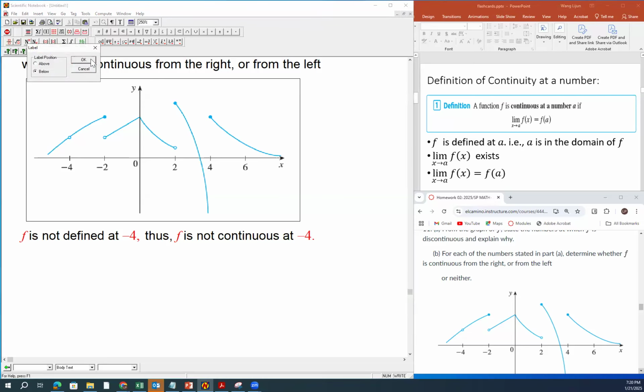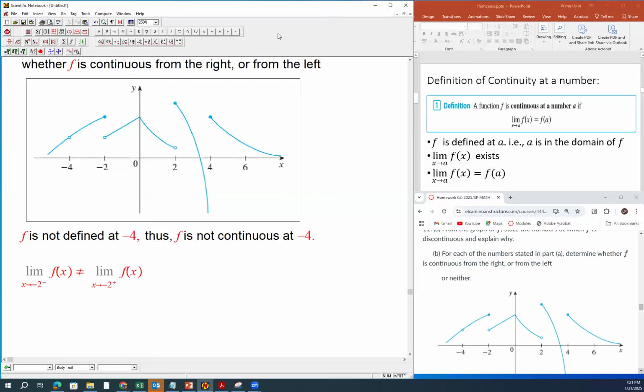So we'll say the limit as x approaches -2 from the left, that limit obviously exists, but the limit of f as x approaches -2 from the right, from larger than -2, is not the same. The limit from the left and the limit from the right are not the same.